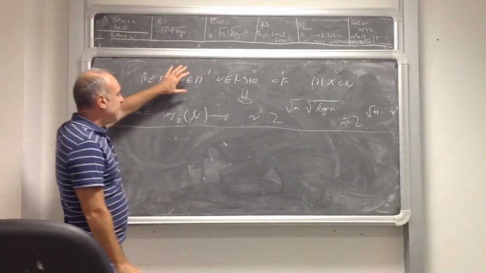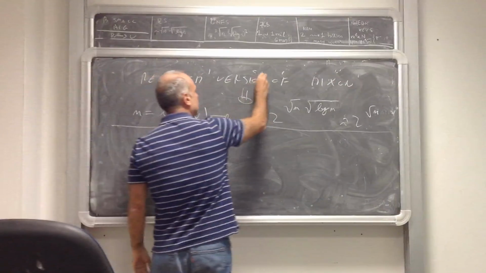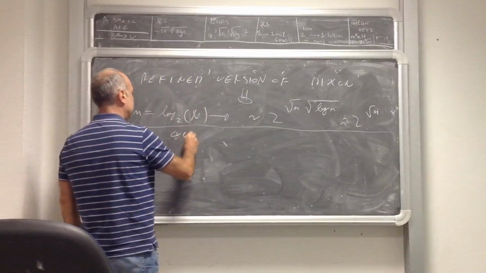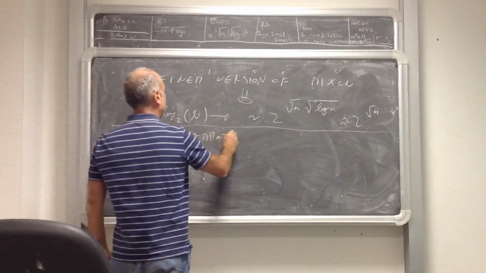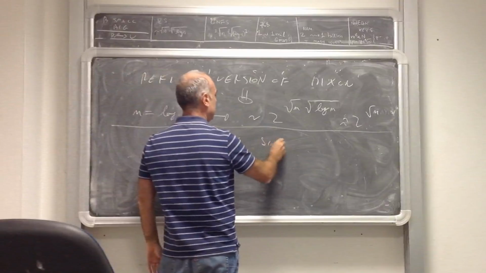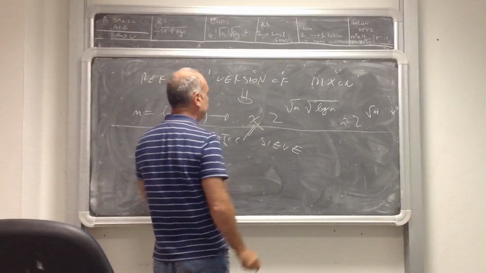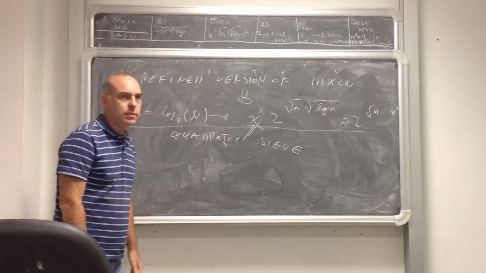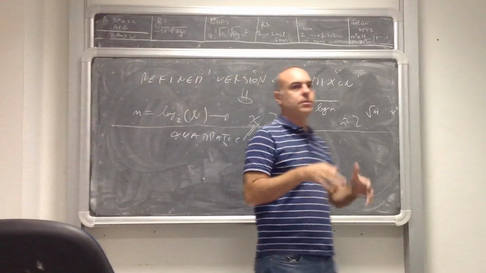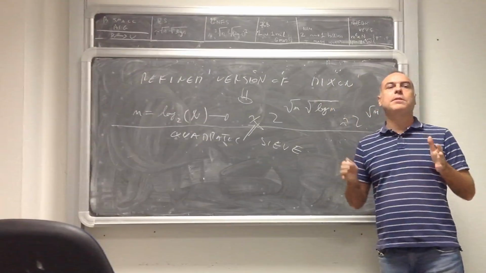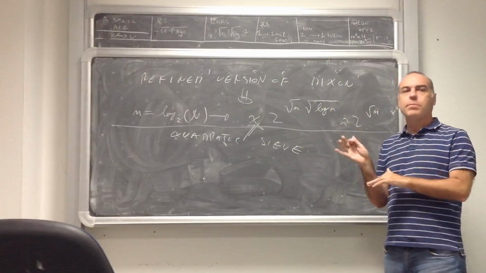Now, we can have another version, a modification of Dixon, which is called the quadratic sieve. And the complexity is the same asymptotically, but it changes in practical cases. So asymptotically they have the same complexity, but in practice sometimes one is better, sometimes the other is better.